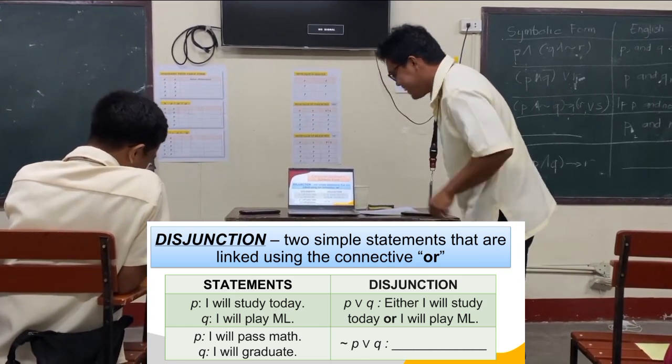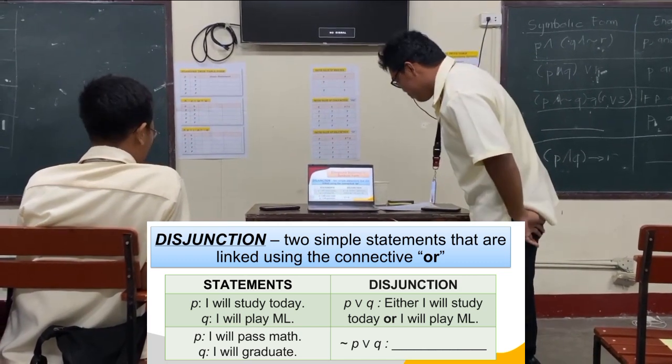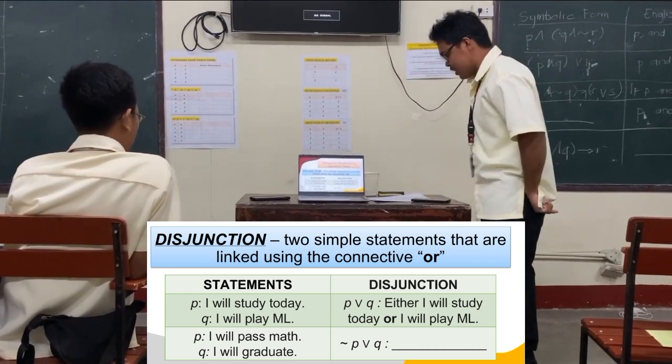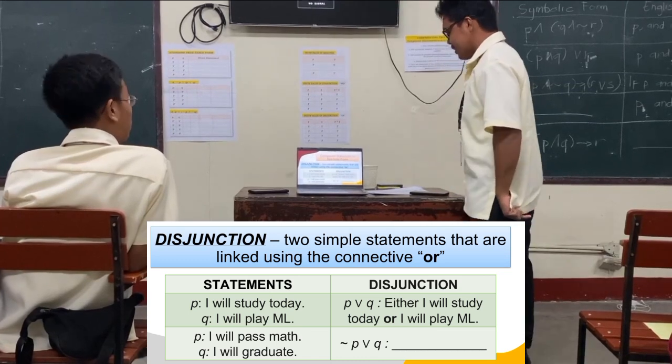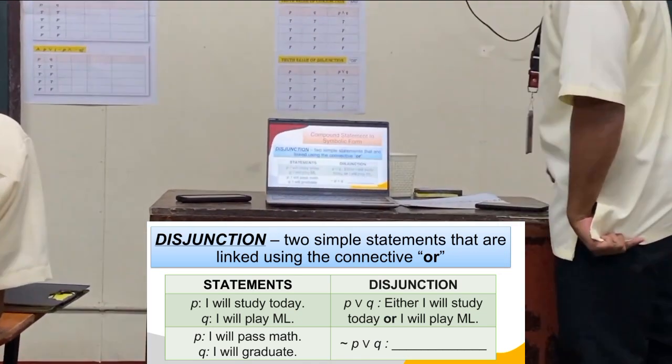Correct. In example number 2, I will pass math. I will not pass math or I will graduate. The word not is there because there is a negation in the first statement.